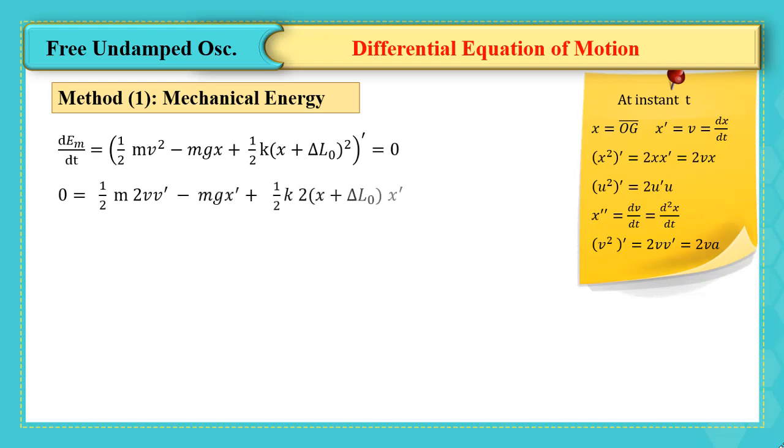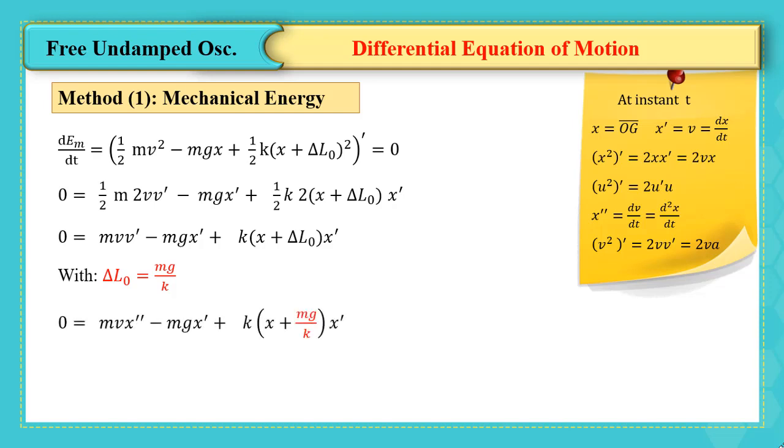mvv prime minus mgx prime plus k into x plus delta L0 times x prime, with delta L0 equals mg over k as it was found. Replace it in the equation and we will get finally mvx double prime minus mgx prime plus kx x prime plus mg x prime.